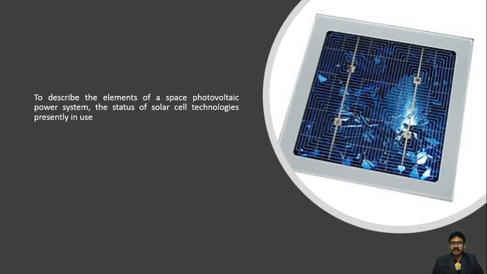In outer space, even though the temperature is very low or negative, we cannot give an absolute guarantee that it will work fine in the vacuum environment. So those factors have to be taken care of, and the cell-level fabrication suited for that particular environment has to be designed very well.